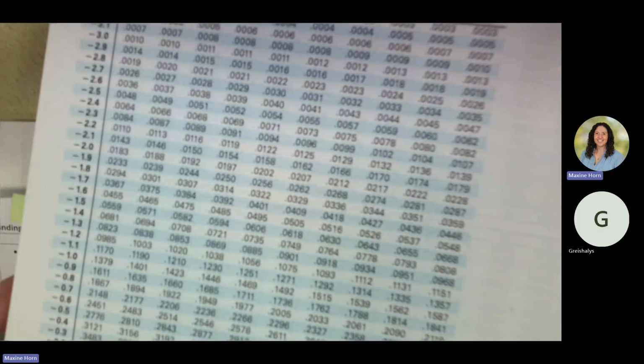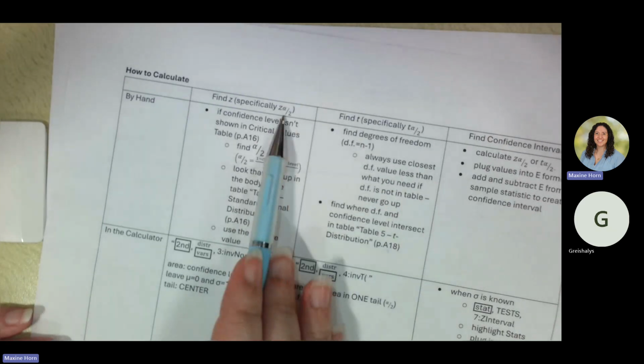So we could look it up here, but I'm just going to do it in the calculator because I think that's going to be faster. So again, how do we look that up in the calculator? If I want to find my z alpha halves in the calculator, I'm going to do second vars and I'm going to give it my confidence level in the center. Right.